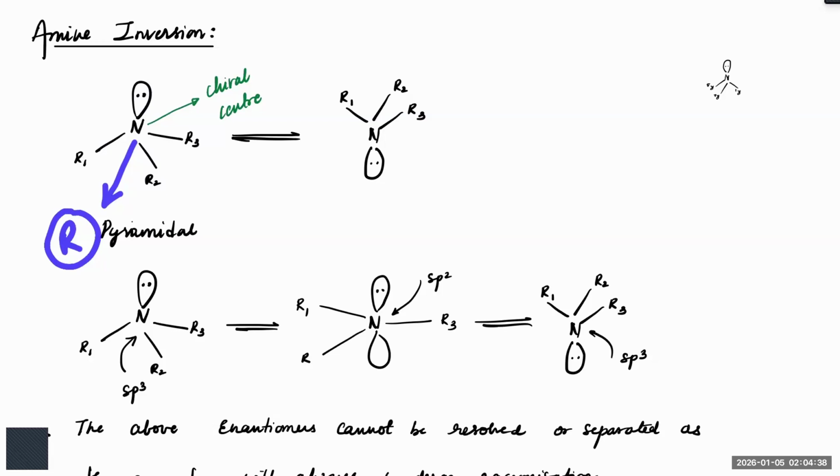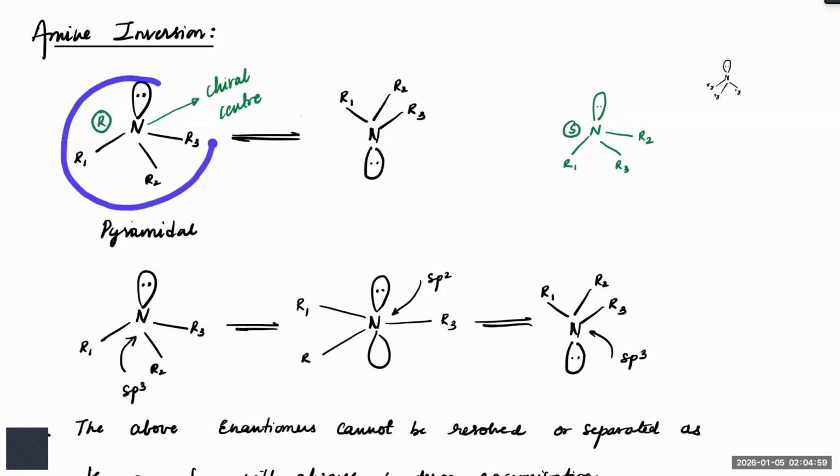And then you have some S configured here, right? So the problem here is, let's say I have a lone pair here, correct? I have R1, R3, and R2. That makes it, let's say, S configuration. If this is R configuration and that is S configuration.